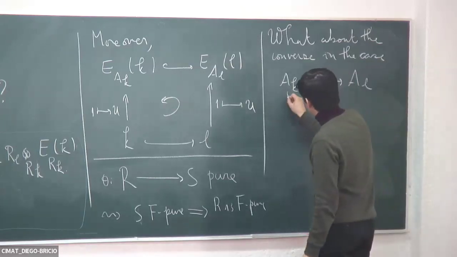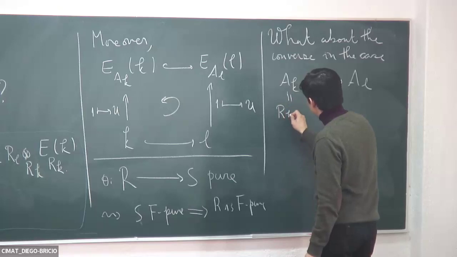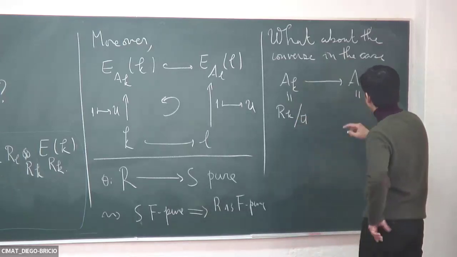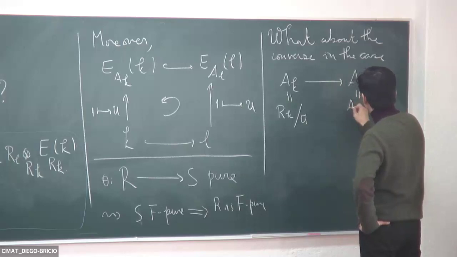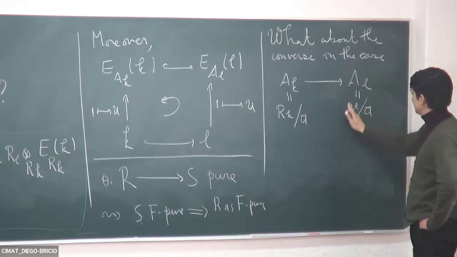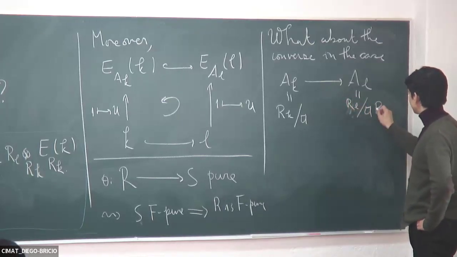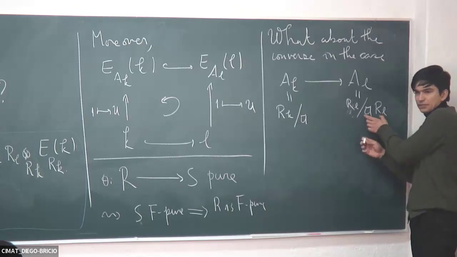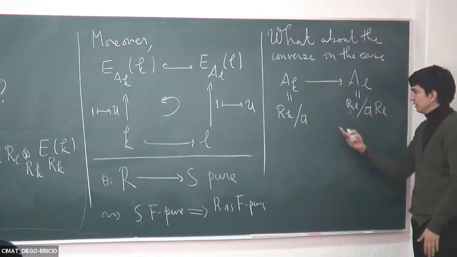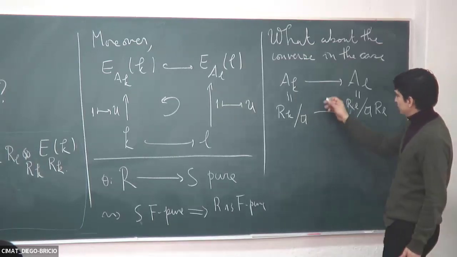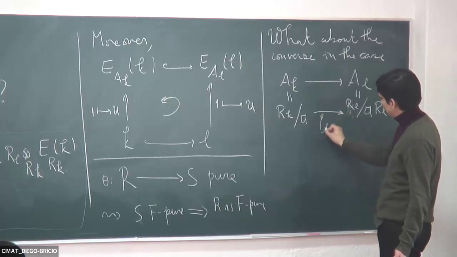So remember, this is R_K power series modulo A, let's say. And I haven't said what this is, but this would be R_L power series modulo A. Properly speaking, I should mention the extension, but if A has generators, this ideal here is just the same generators. That's how it works, you just extend it. And so this map here is pure, it's faithfully flat.